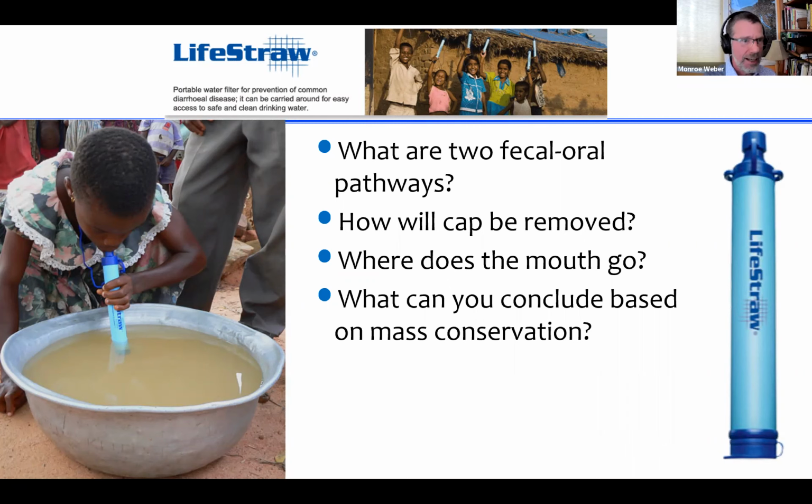And you see this lovely picture of a child drinking from water that looks quite turbid. It's cloudy because there are particles in that water that are reflecting or refracting light, one of the two. So what's going to happen as you're drinking that kind of water? By mass conservation, those particles end up in the filter, and that filter is going to become more and more difficult to pull water through because those particles add to resistance.